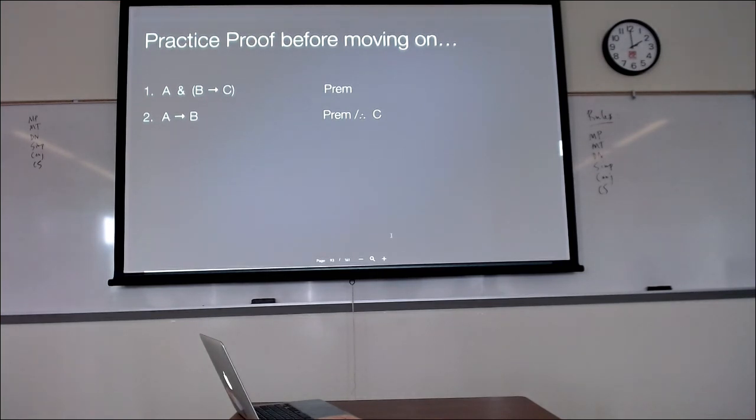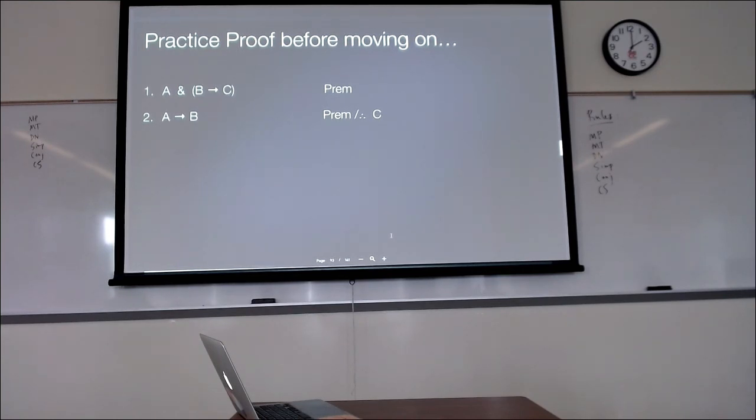Okay, so the idea is one of these premises you can start breaking apart. There's a rule here that allows you to break apart one of these premises, and the clue is number 1 is a conjunction. You can always take apart a conjunction.